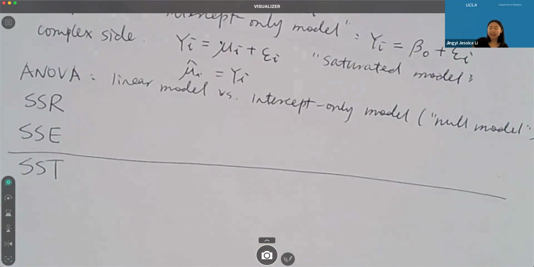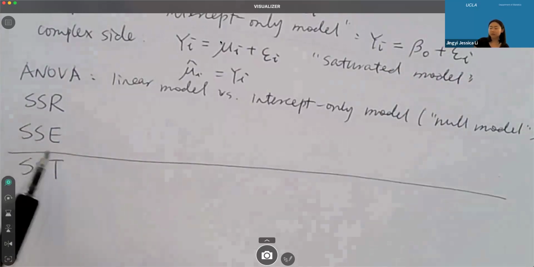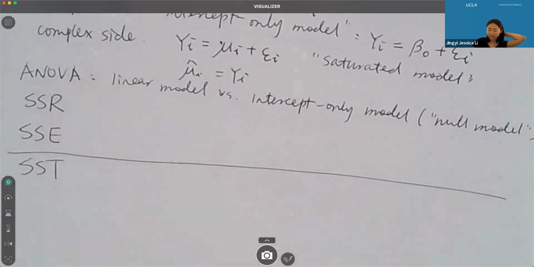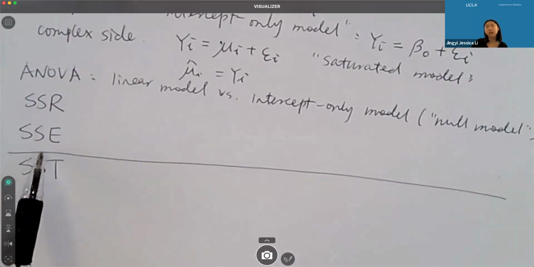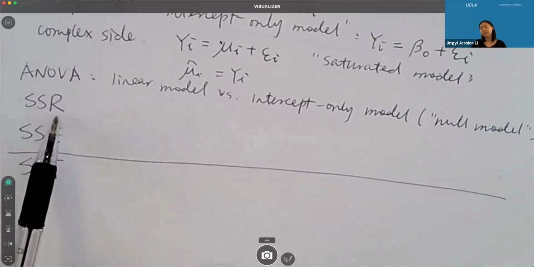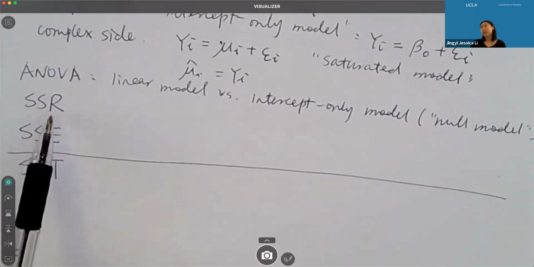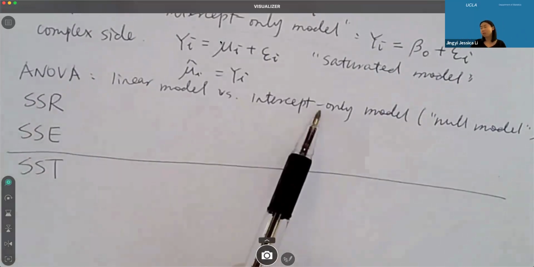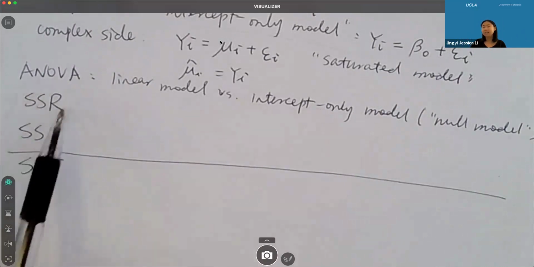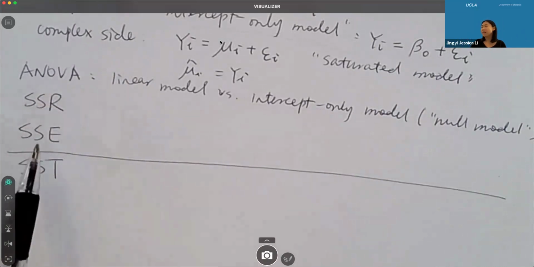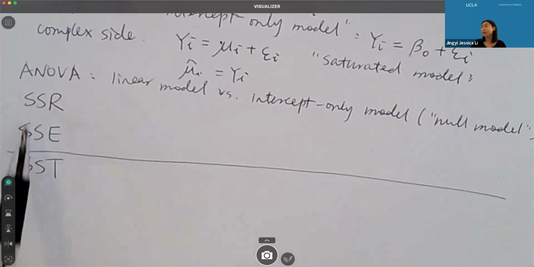But to really compare the linear model, which gives us SSR, to the null model, we need to standardize the terms. Your intuition would be, if the model is better than the null model, then I expect SSR to be bigger than SSE, their relative magnitude.